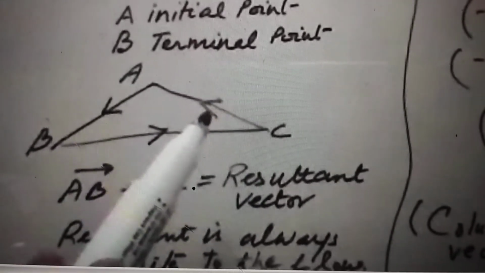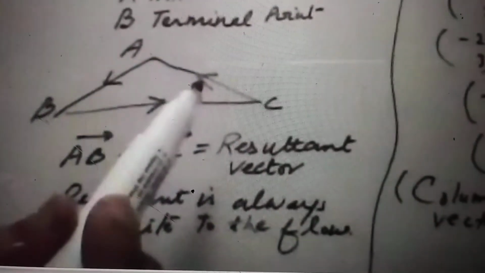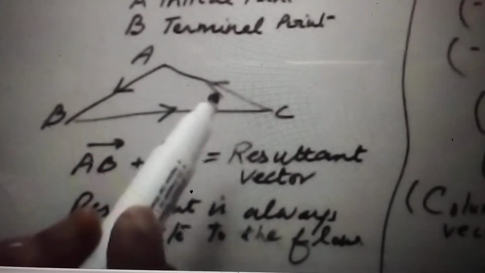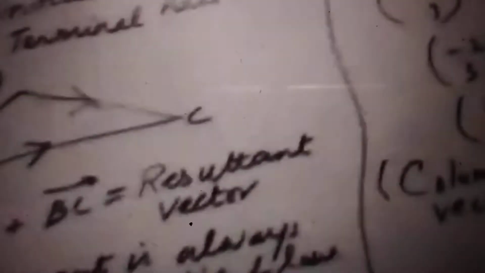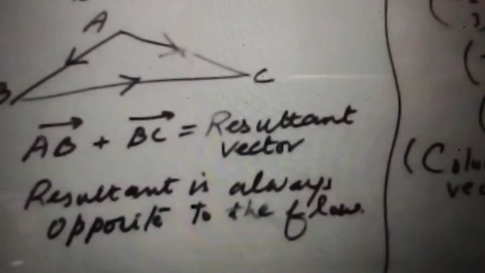But the third vector is always in the opposite direction and it will show the resultant. So I'm not going to put the arrowhead in this direction, but I will change it. Is it always opposite to the flow? Yes, it is always opposite to the flow of the diagram.